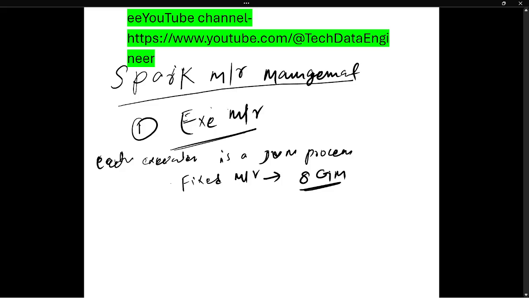This 8 GB is not only used for one thing. Spark basically divides this 8 GB memory.